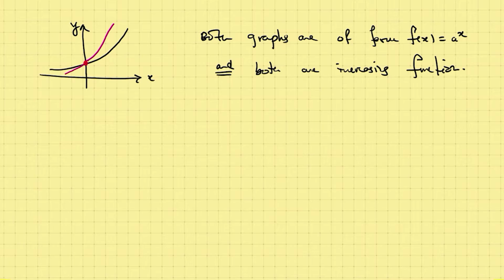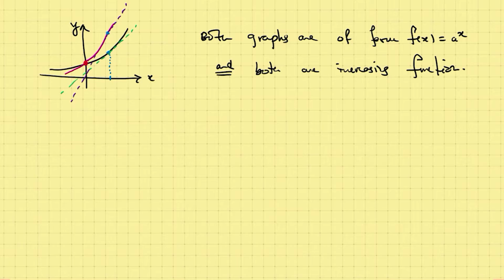But are they both increasing by exactly the same amount? They're not. And how do we know they're not? Because if I take some x value, say an x value here, and go up to the two y values, one on each curve, and then consider the tangents, so that's the tangent for the first one, and let me do the tangent to the second one in a slightly different color so it stands out, we see that the tangent line to the graph in pink is steeper, right?